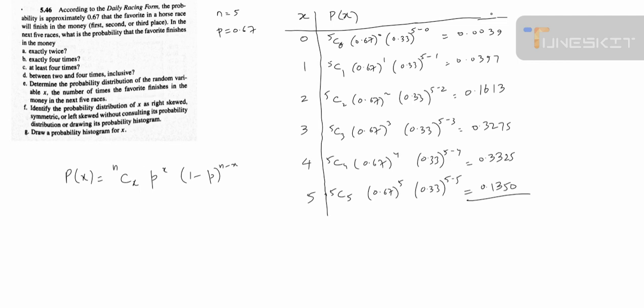That's making 0.9999. So what we can do, we can change the very first probability to 0.0040, because that's the highest number we can observe at the third decimal place. So this can be rounded off to 0.0040 and that will ultimately give you the sum of 1.